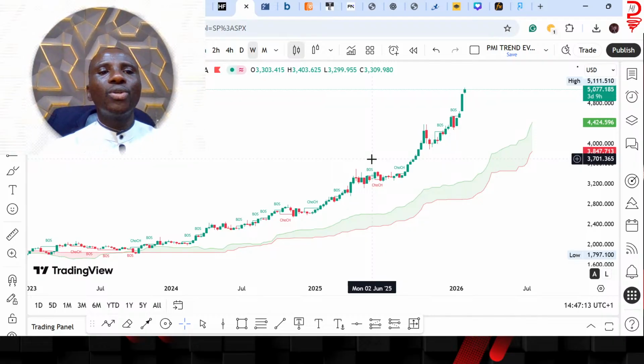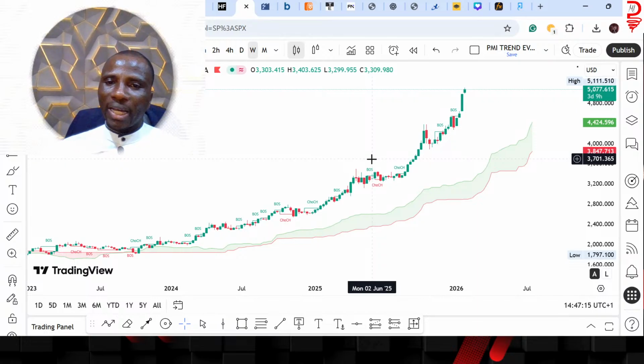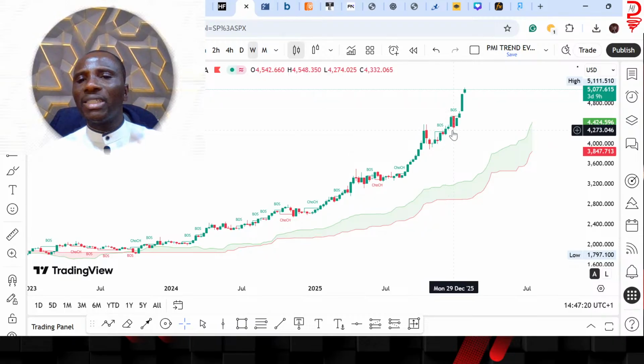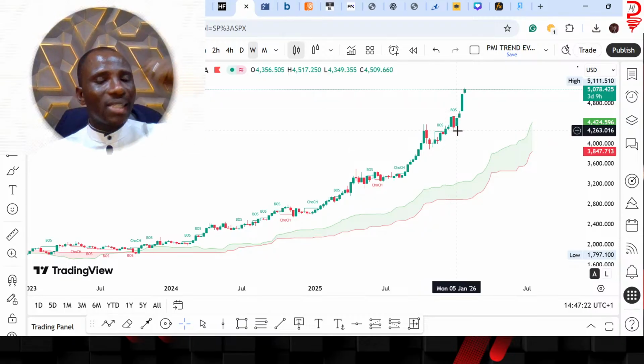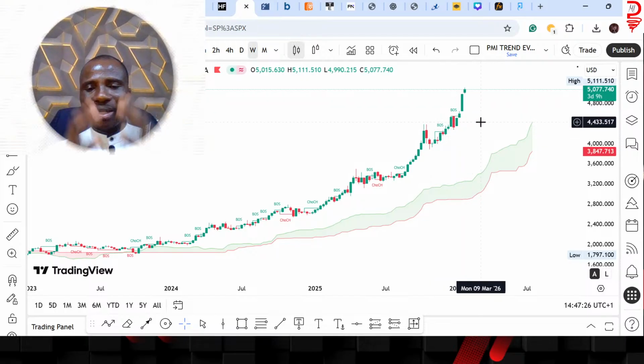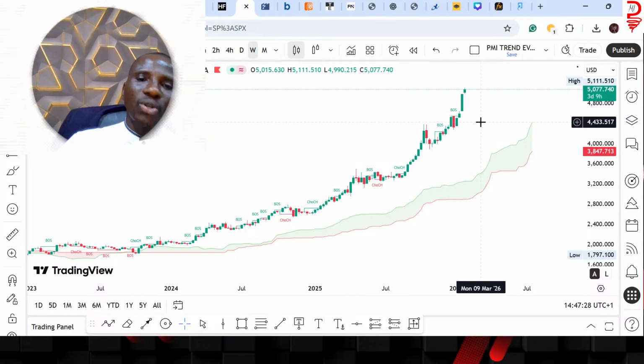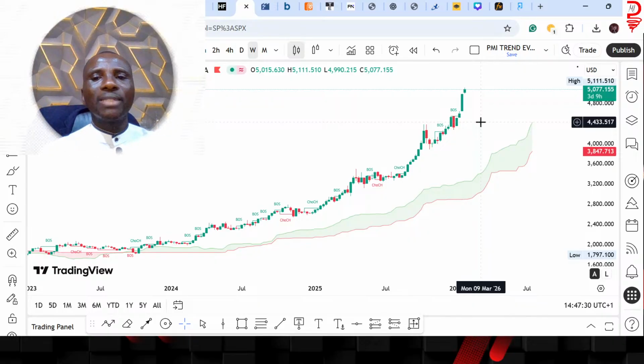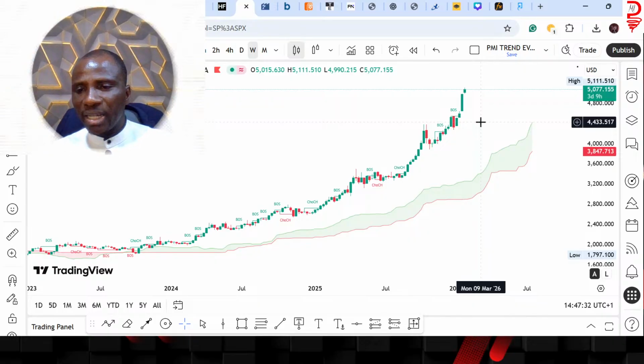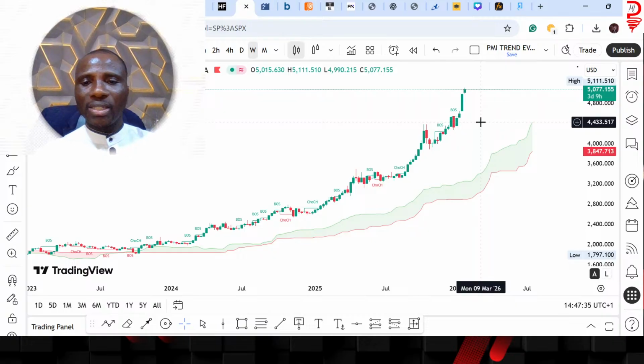You will notice that gold is paired against the dollar. What that means is that the dollar aversion tone is what has been driving gold since last week. So our expectation, because of the dollar aversion sentiment in the market as of today, 27th of January 2026, is that we expect gold to still push higher.